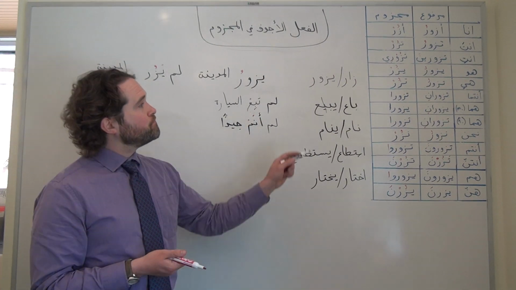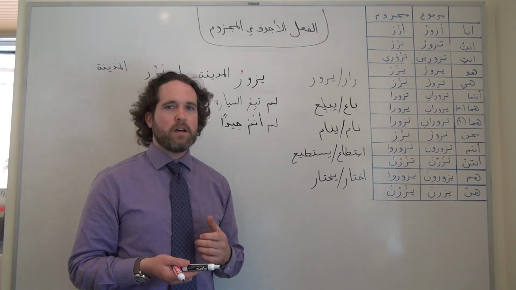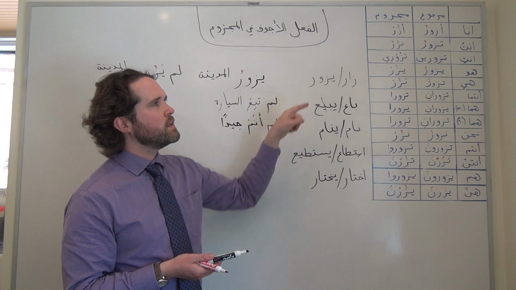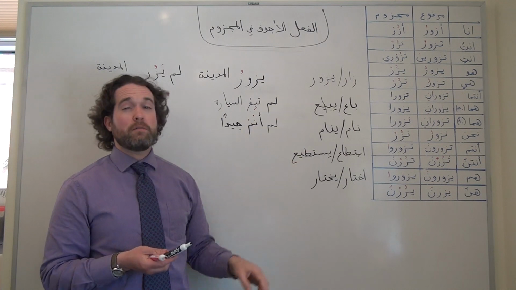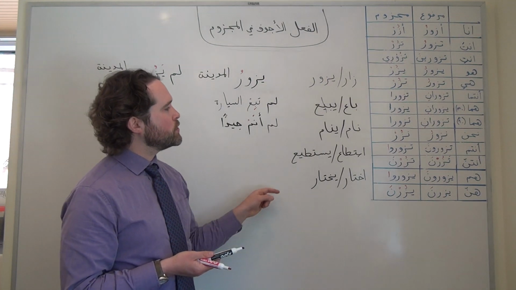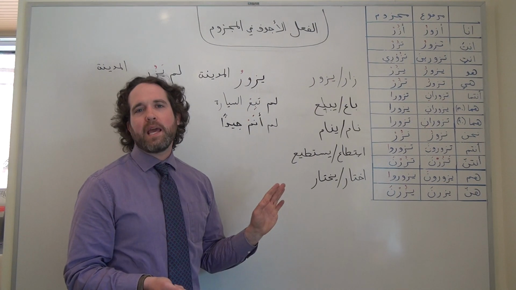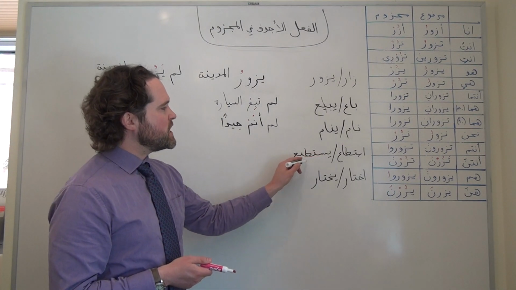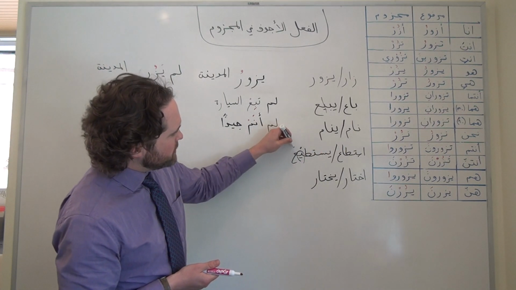This works for derived forms as well. Zar and ba' and nam are all form 1 verbs, but if we have a different form, the same principle applies. We just have to think about what the vowel is that we would be using in the present tense and make sure that it's represented as a short vowel instead of a long vowel if we have two sukoons bumping up next to each other. So if we wanted to use the formal verb istata'a to say he wasn't able to attend the party, ordinarily yastati'a with a long ya would be our conjugation, but with a lam and a majzoom we would have two sukoons.